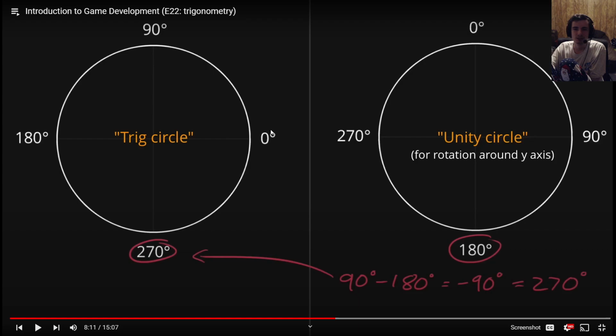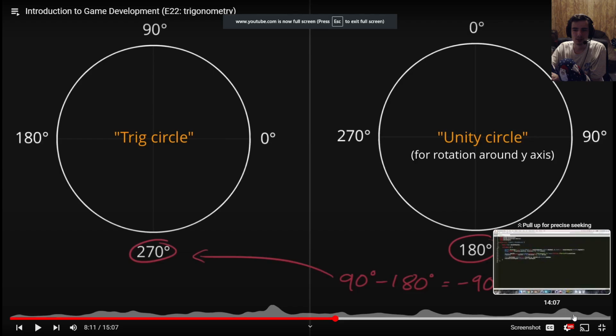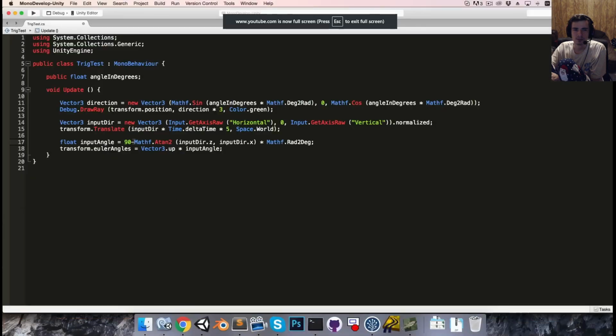Understood. Because x1, y0 is equal to y1, x0. Got it, got it.